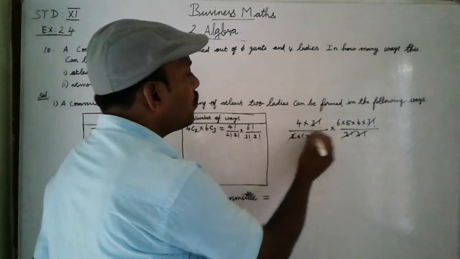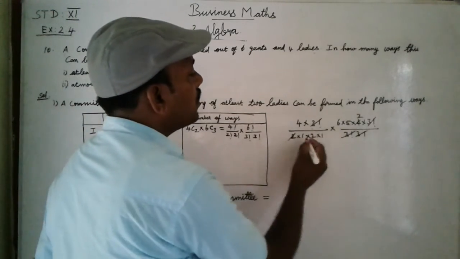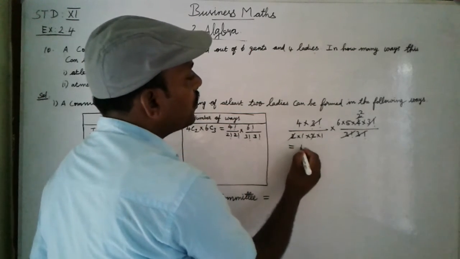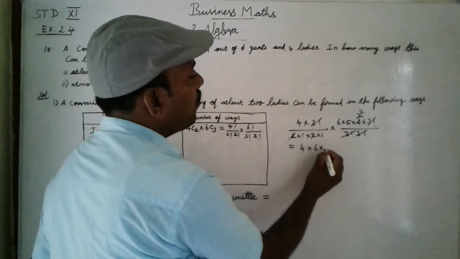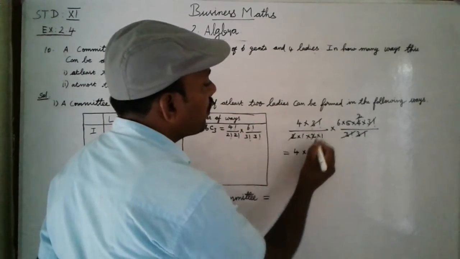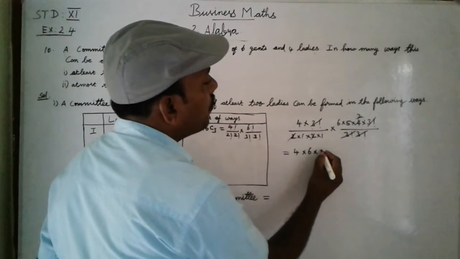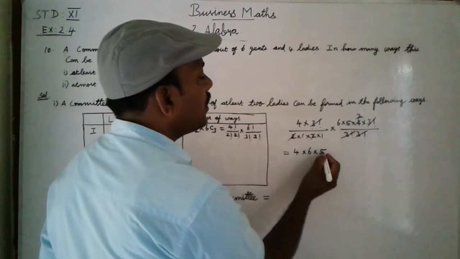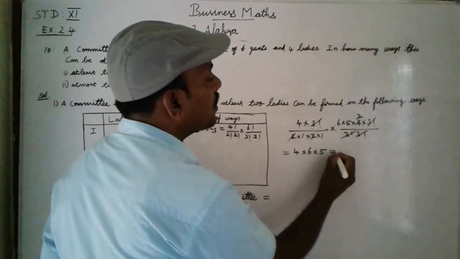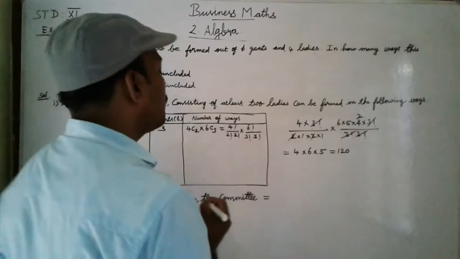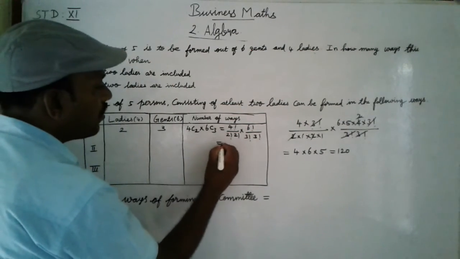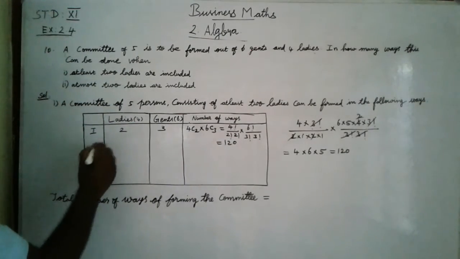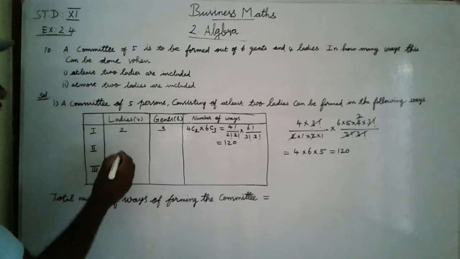Next, 2 and 4, 2 times, again 2 cancels. So what is here? 4 into 6 into 5. 6 fives are 30, 30 into 4 is 120. So its value is 120. That is the first one. Second, we should take 3 ladies.